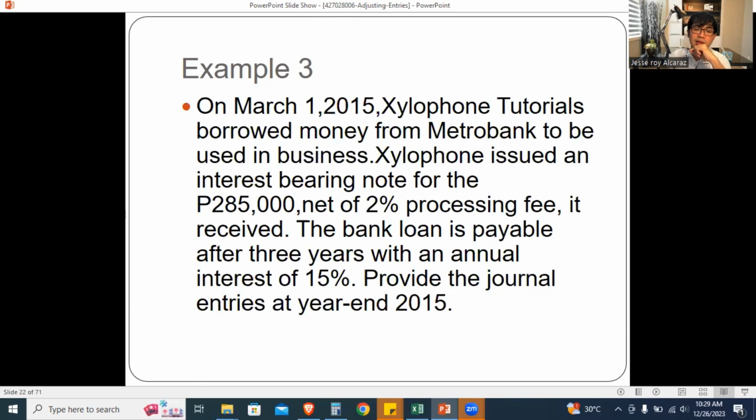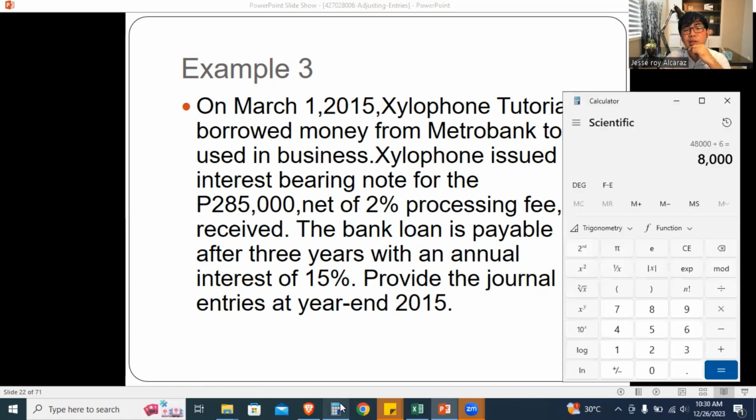Provide the journal entries at the end of the year. So, let's break it down muna, no? So, naa tay gihulam nga kwarta from Metrobank. So, 285,000 pesos daw ang atong nadawat. However, this is net of the 2% processing fee.